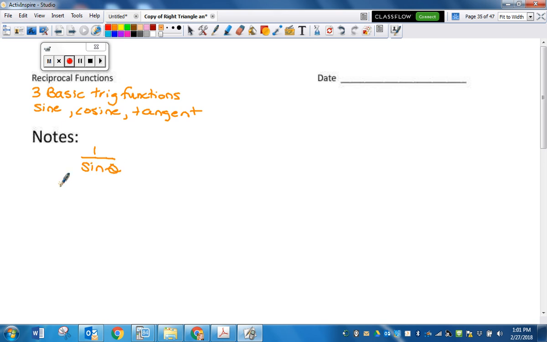So 1 over sine theta, and we need to give that a name. The name for 1 over sine theta is cosecant theta, and the abbreviation for that is CSC theta. So cosecant, CSC.